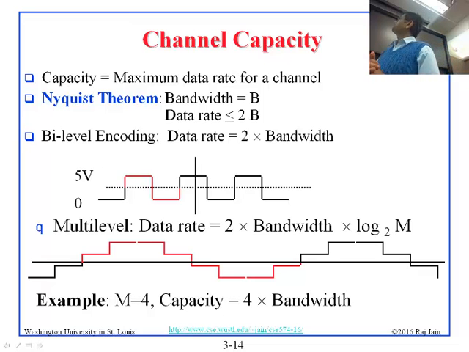Capacity is 4 times. So the cycle is 1, 2, 3, 4, 5, 6, 7, 8. The cycle is 8 seconds long. But the bits are half a second long.